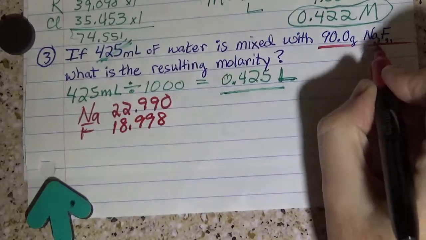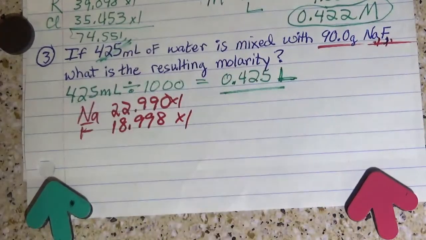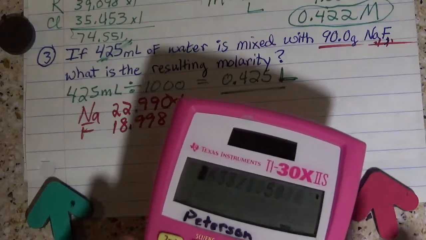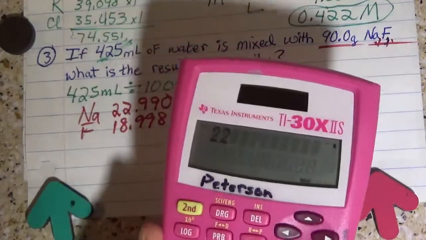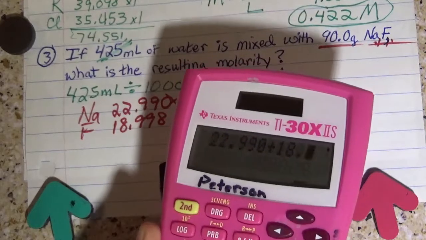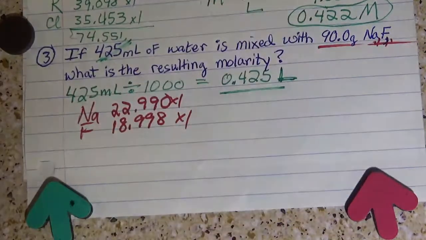Again, there's one Na and one F, so times 1 on each one. And so we get 22.990 plus 18.998 equals 41.988.